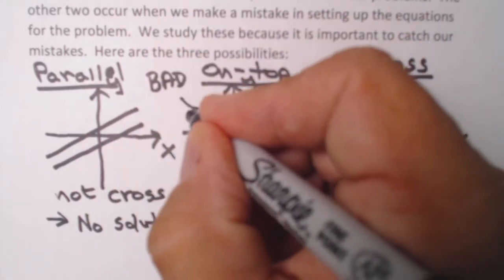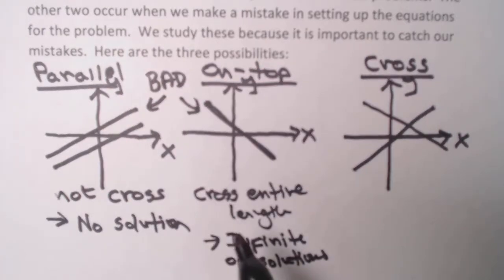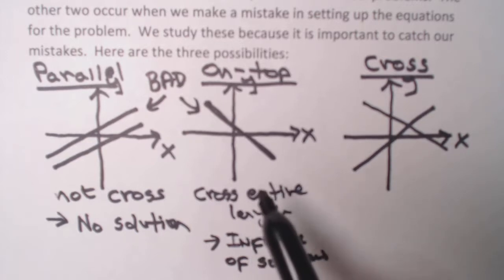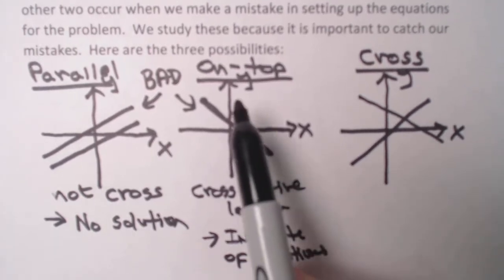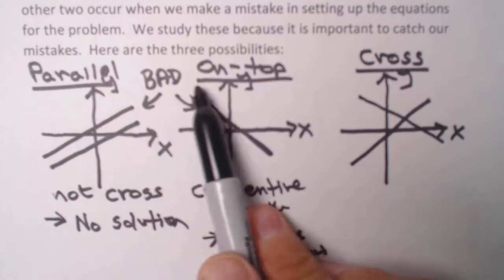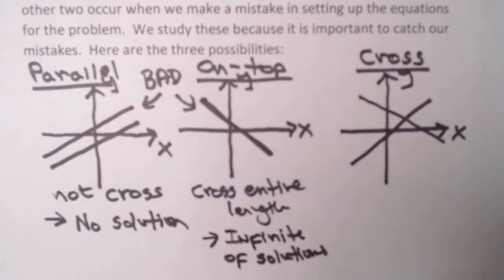Now, the first thing, of course, is you say, well, why in the devil are we learning things that shouldn't happen? Well, for a very good reason. Because we want to catch mistakes we make when we work in solving problems. And if you ever get parallel lines or lines on top of each other in a real problem, you've definitely made a mistake in your equations. You better go back and work on it. So in math, it's very important to know when you're wrong as well as when you're right, so you can go back and fix it up.